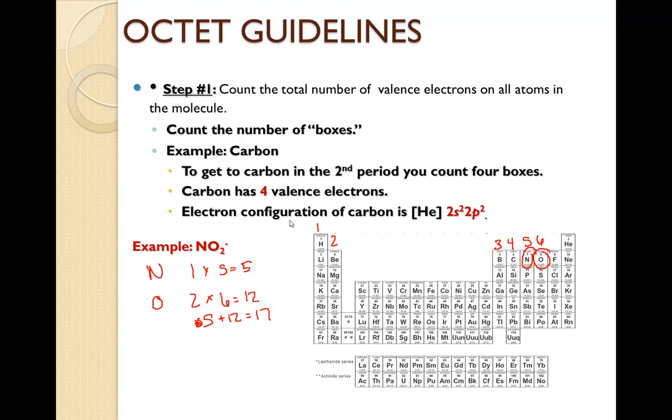But notice we have a -1 charge here. That means we're going to add 1 more electron. If it's negative, you add electrons. If it's positive, though, you're going to have to subtract electrons. So that means it's going to be 18 electrons total.